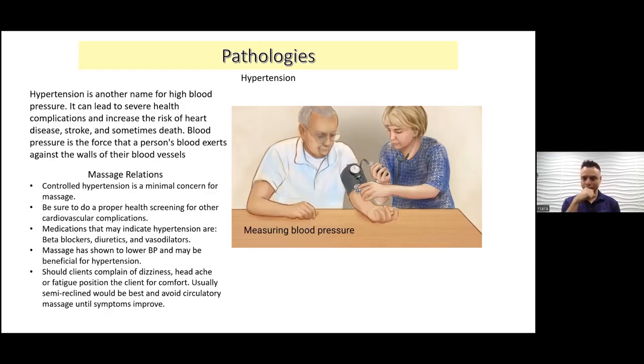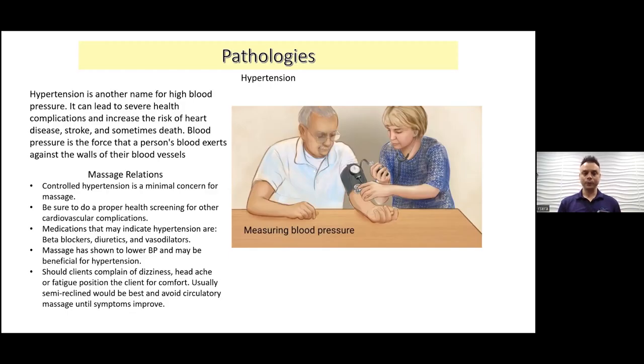So if your client is hypertensive, then make sure that they are actually taking medication for this, right? That way the medication would be controlling their blood pressure. Now, I did say that one of the benefits of massage is that it has been shown to lower blood pressure in clients. So massage can help lower the blood pressure.